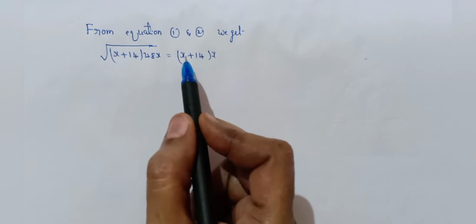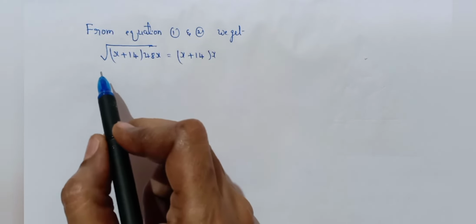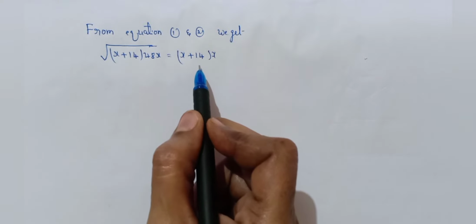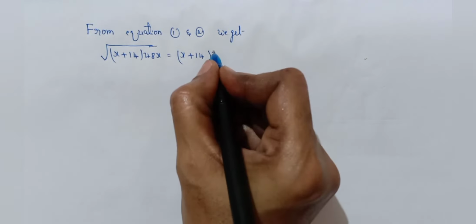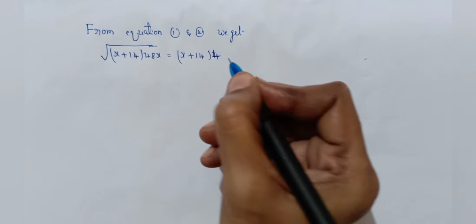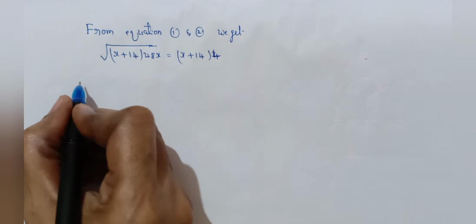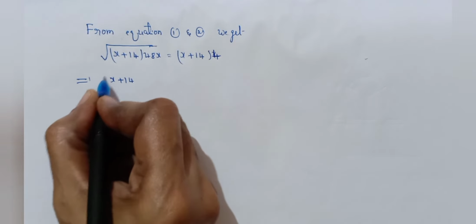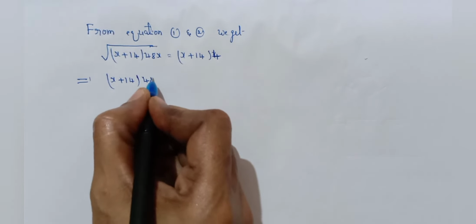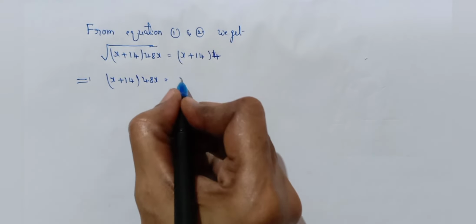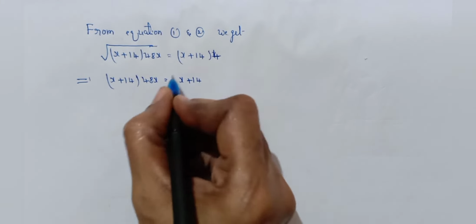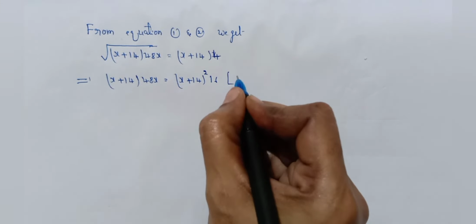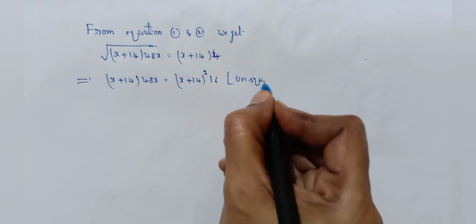Next, from equation 1 and 2, we get square root of x plus 14 into 48x is equal to x plus 14 into 4. On squaring both the sides, this root gets cancelled, then x plus 14 into 48x is equal to x plus 14 whole square into 4 square, which is 16.